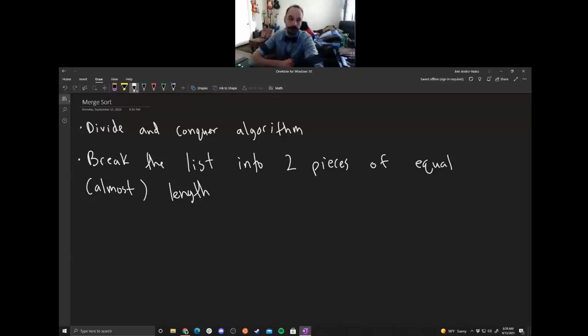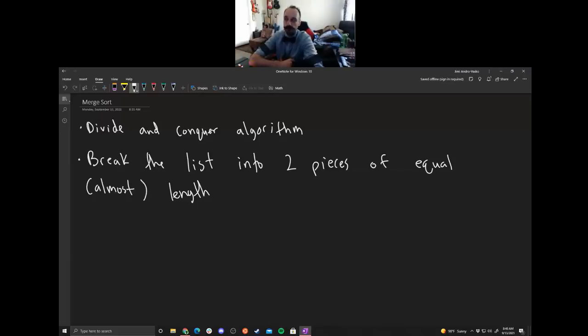So for example, if you have an odd number of elements and you try to break it into two equal pieces, it's impossible. If you have 7 elements, one piece will have 3 elements, one will have 4. But that's just about equal. You have one element more on one list. That's going to be good enough. So that's the idea.